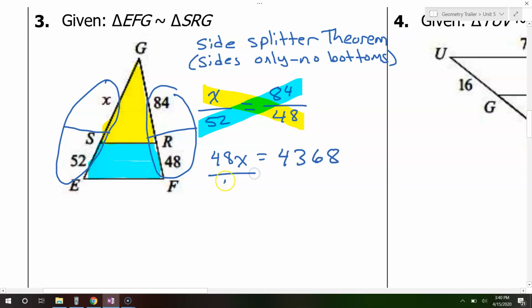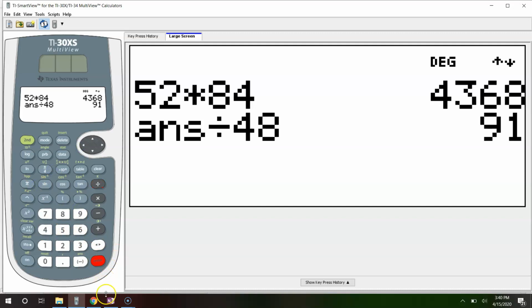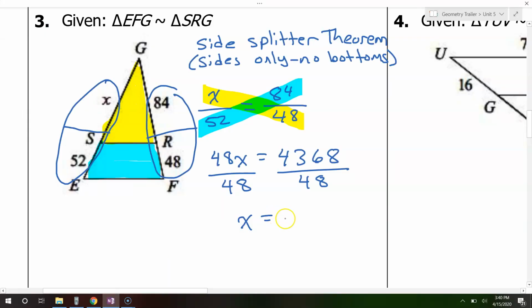And then, of course, we will divide both sides by 48. So we'll just go divided by 48. And that's 91.